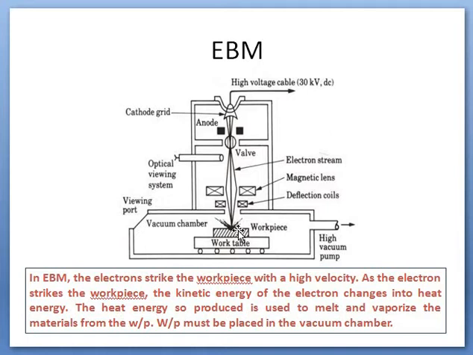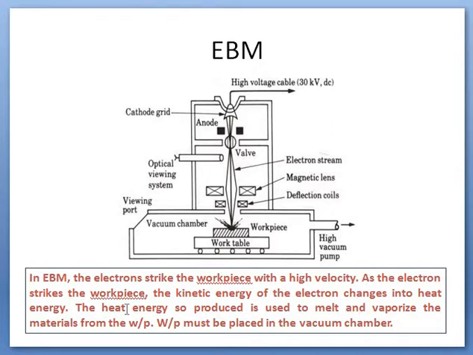But in this process, one parameter you must consider: the total setup or workpiece must be placed in a vacuum chamber, where the machining operation on the workpiece is carried out. Here, in the electron beam machining process, electrons strike the workpiece with a high velocity.